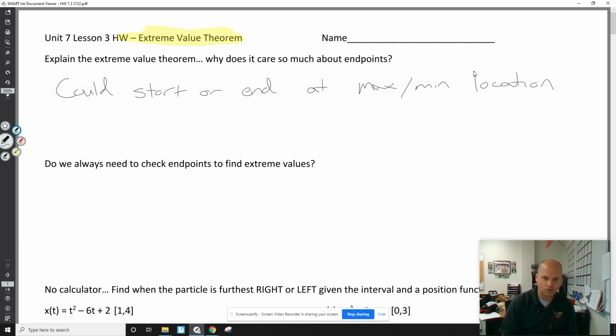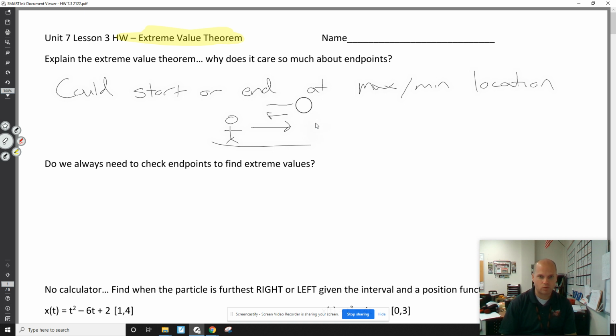This is going to be like for functions. I could have a dude who starts here, goes to the right some, goes to the left some. This would be considered a relative max because I changed directions. This would be considered a relative min because I changed directions. But maybe where I start and where I end is my furthest left or furthest right. Or vice versa.